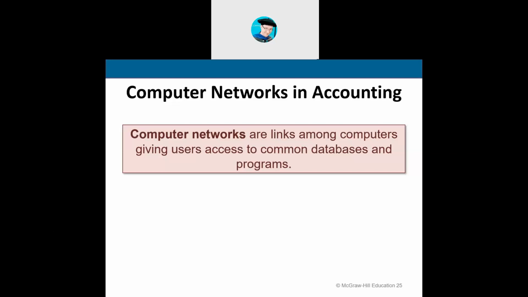And so yeah, that's an example of a computer network. It's where you can access databases and programs from pretty much any computer device using your credentials. And the same goes with accounting, right? So let's say you have multiple teams, people in Europe, people in Asia, people in the United States, and they all work for a large organization, and they all process transactions.